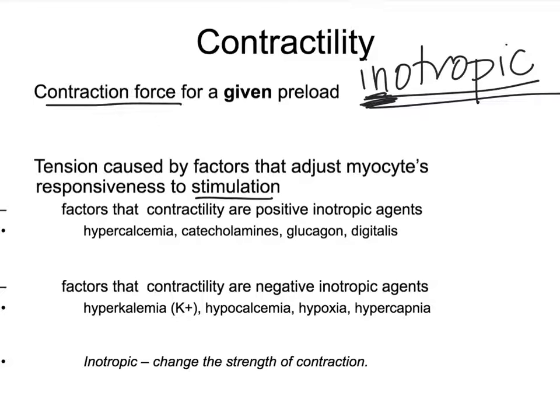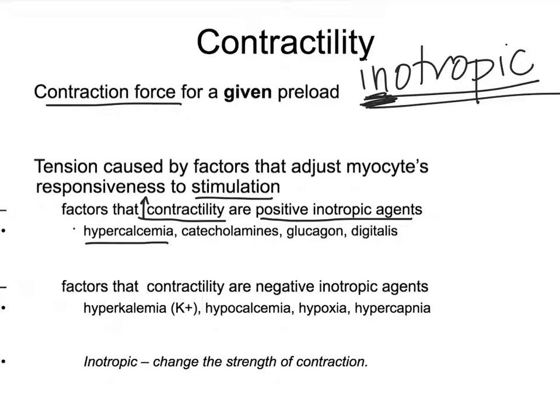So different things change how hard it is to stimulate the cardiac muscle cells. Factors that are going to increase contractility are called positive inotropic agents. They're going to make it contract harder, so that means the blood is going to get pushed out harder.